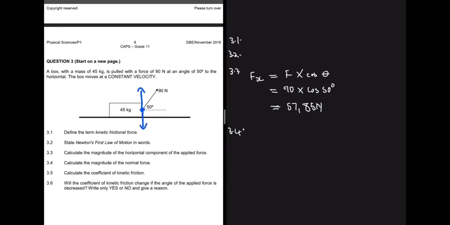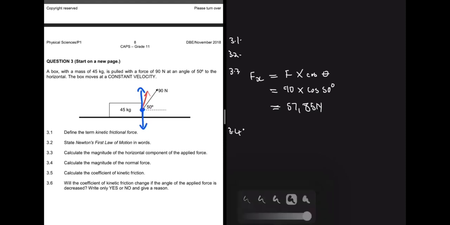And we know fully well that gravity is acting on this object, so there is gravity pointing down. But that's not the only force acting on the y-axis. The other force acting on the y-axis is the normal force, which we are interested in. We know that this box is moving at a constant velocity along the x-axis. Along the y-axis, there is no movement.